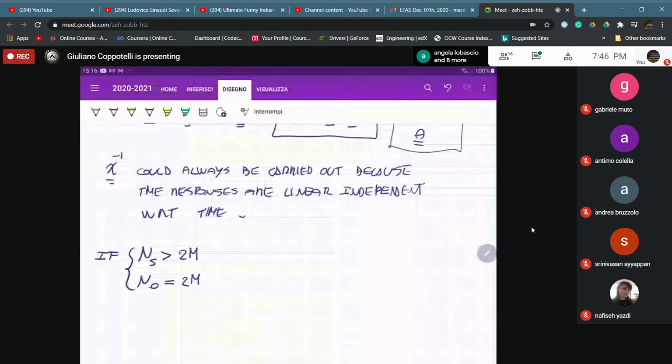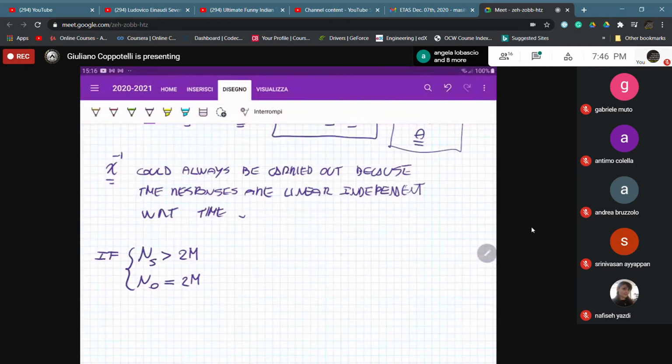If you remember, if you consider your chi matrix, for example, that was a square matrix like this, in which we are having a 2m times 2m matrix.